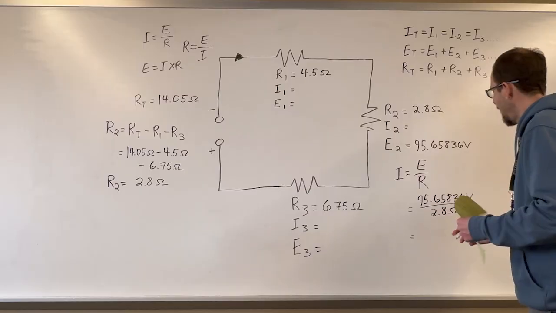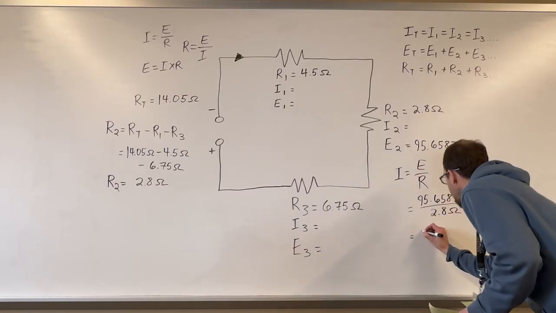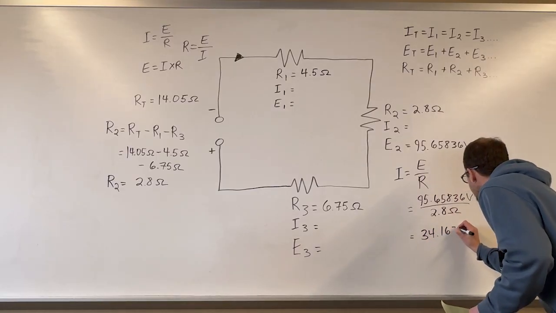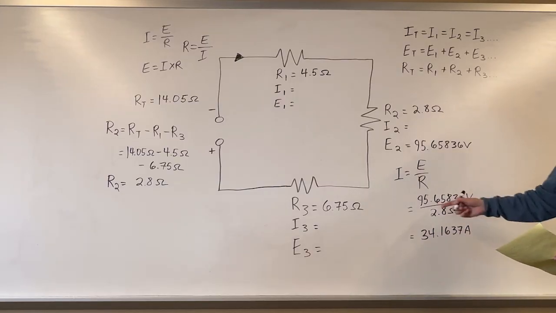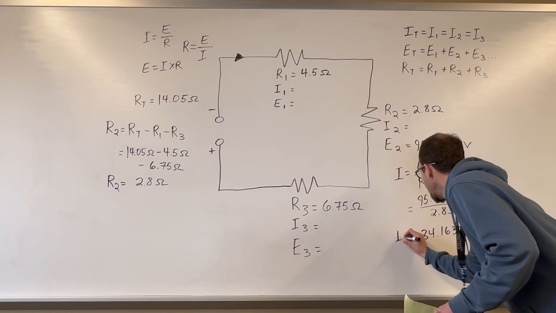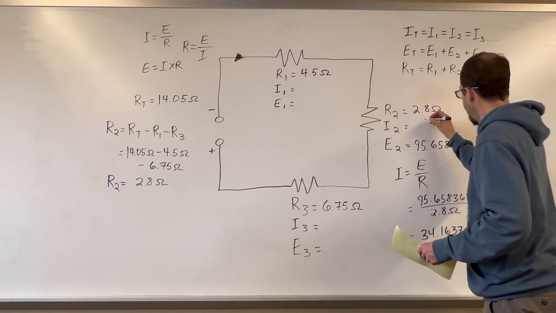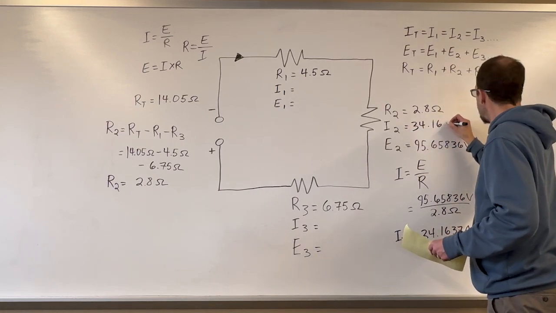When we divide that, we come up with 34.1637 amps. And that is I2. Excellent. I'm going to move it over here because I want that information where I can see it.